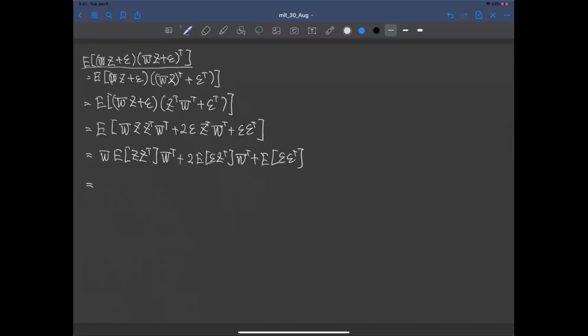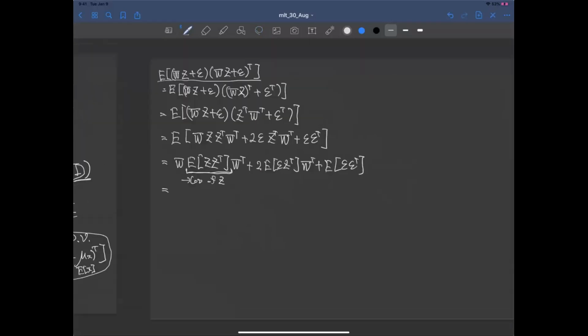As a result, this is the covariance matrix of Z, right?